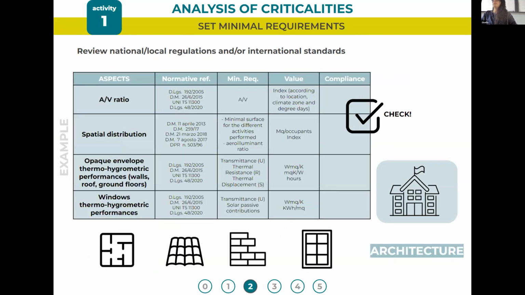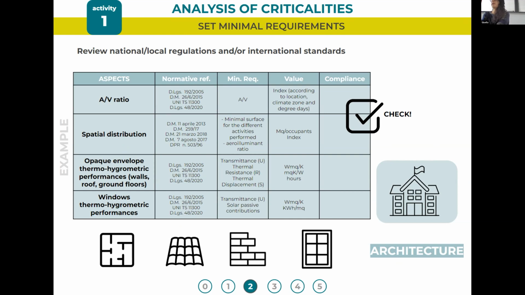So the activity is related to an attentive review of the national or local regulation or international standards related to that specific aspect, related to the 4 different objectives of architecture. For example, for architecture, it will be interesting to collect the minimal performance of the envelope, both opaque and transparent.